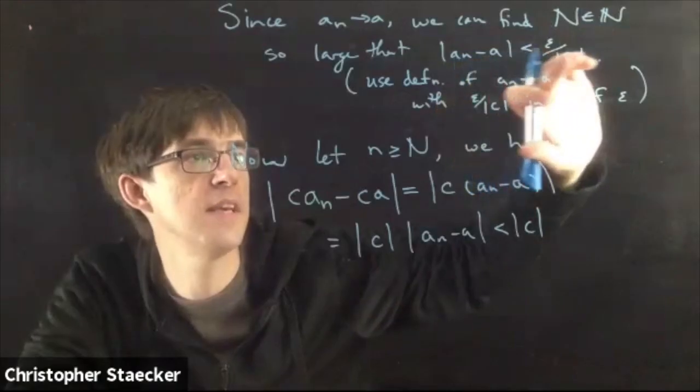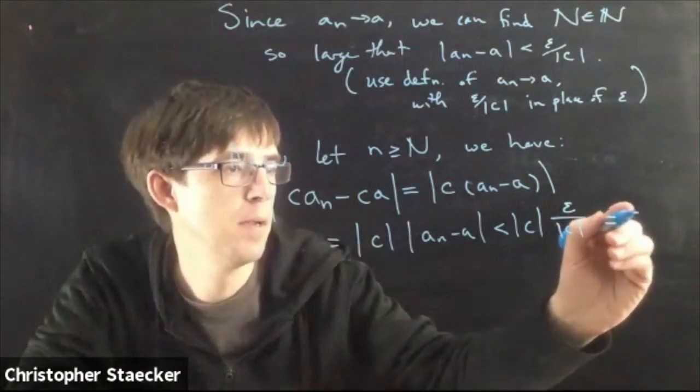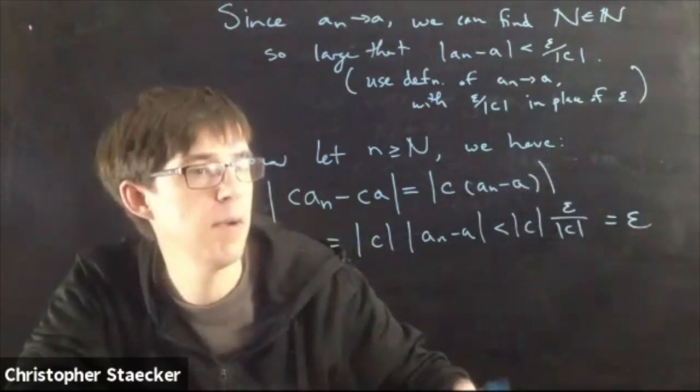Epsilon over C. Yeah, we said up here, the choice of the big N makes it so that AN minus A is less than epsilon over C. So the C I leave the same, but this I write as epsilon over absolute value of C. And now this equals epsilon. And that's it, right?